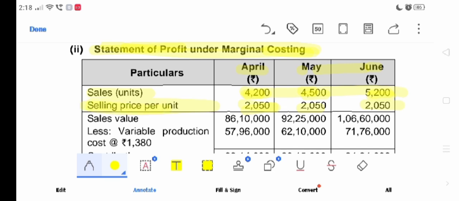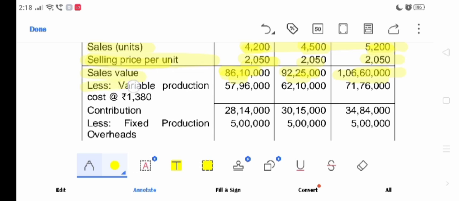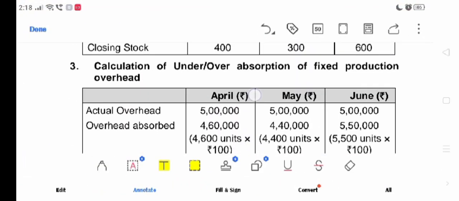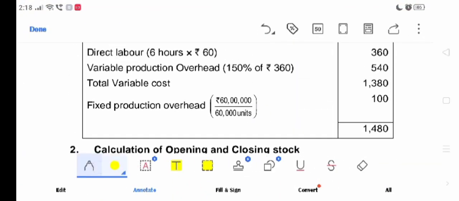So if we multiply the units with the price per unit, we get the sales value for April, May and June. These are the values, and we are going to subtract variable cost at the rate of 1380. Why 1380? Because total variable cost is 1380, not 1480.